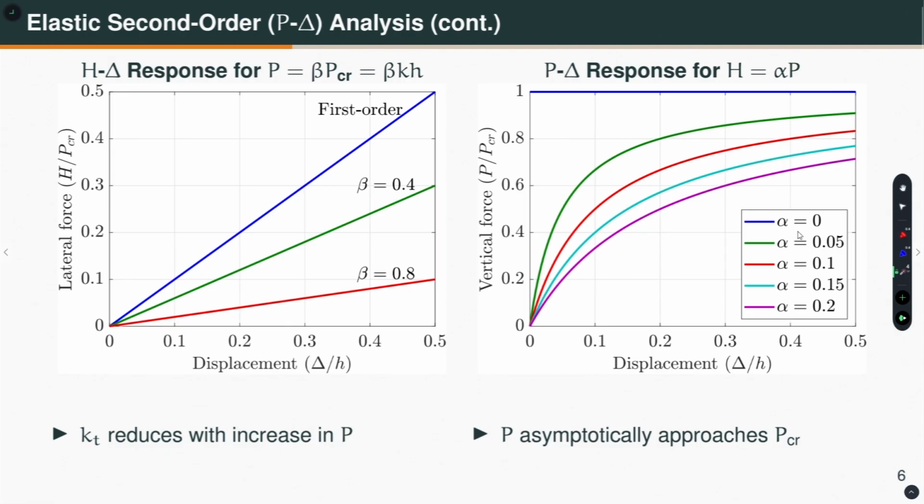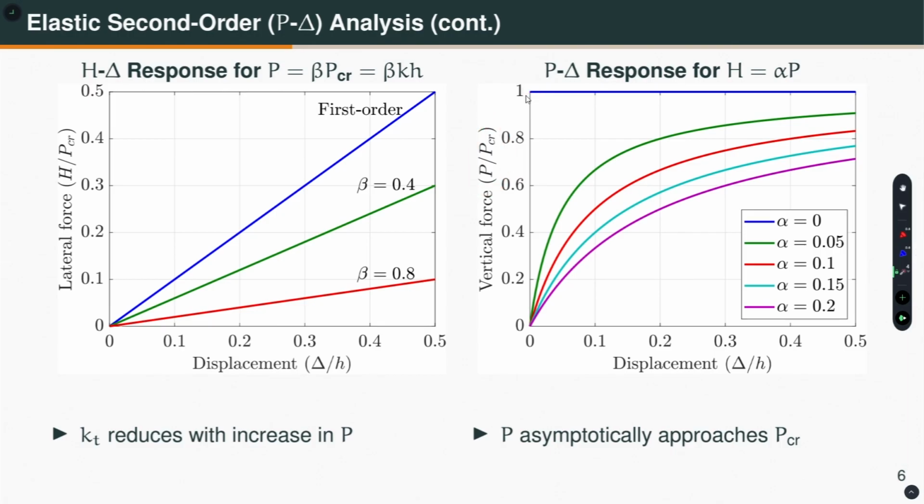When alpha is equal to 0, that means there is no lateral load, we just have the vertical load. Then we get bifurcation of equilibrium, which is the Euler critical load. Well, we cannot say Euler, because Euler critical load is basically considered for a pin column, but this is the critical load. So, P by PCR is equal to 1 when there is no alpha.